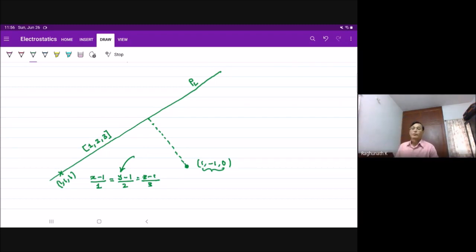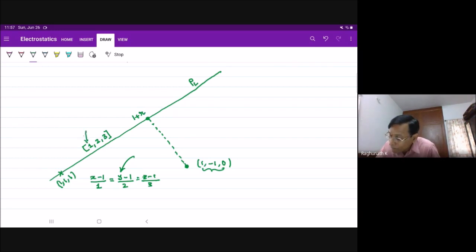Now, there is a problem. I want to find out the electric field intensity at that point. I need to find out the distance of the point from the line. The general point on the line is x naught, 1 plus AR.